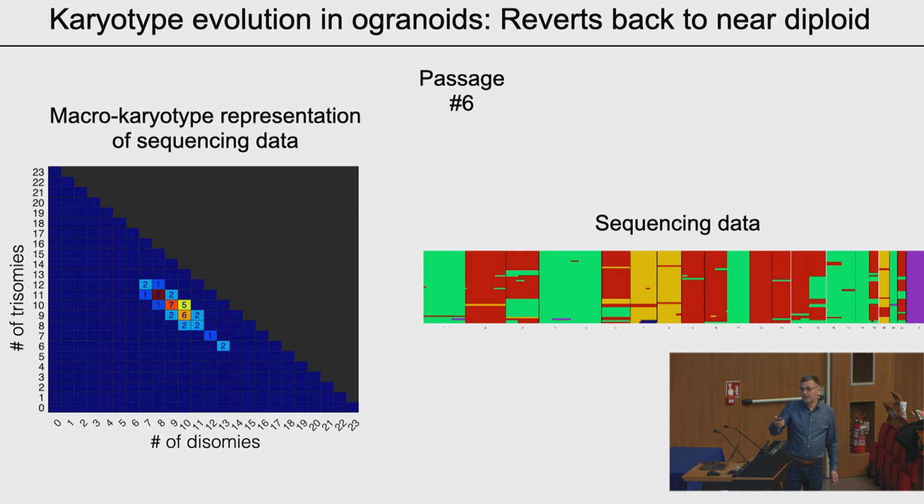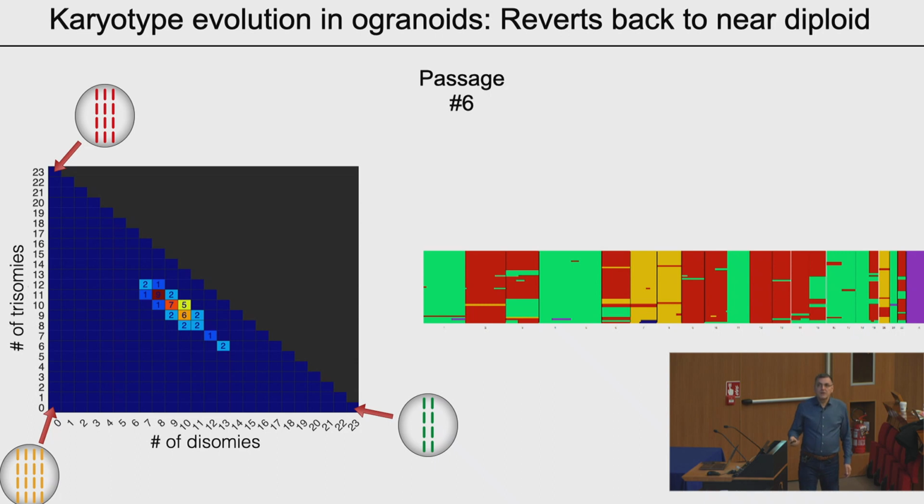They are grouped here. And what does that mean? In this karyotype representation, this corner represents the karyotype with 2 copies, here with 3 copies, and here is mainly with 4 copies. And what does this mean? That if we are close to this diagonal, this means that we are close to having either 2 or 3 copies.